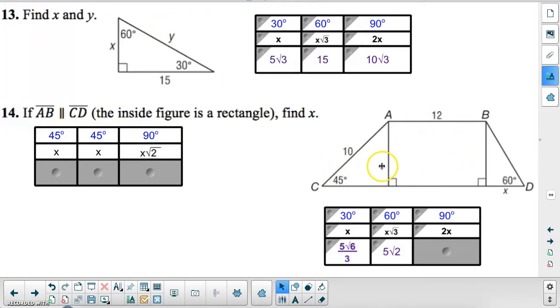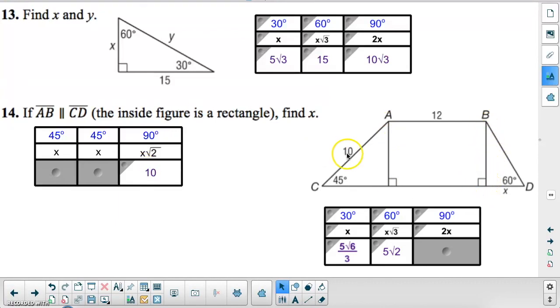In this example, you have to use both a 45, 45, 90 and a 30, 60, 90. In this first triangle here, we have a 45, 45, 90. We have a rectangle in the middle where we know this side here will be the same as this side here. So if we can solve for the leg of that 45, 45, 90, it will be a leg for the 30, 60, 90 as well.